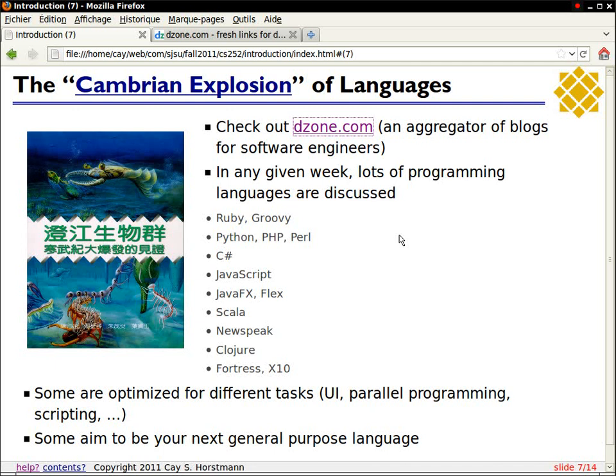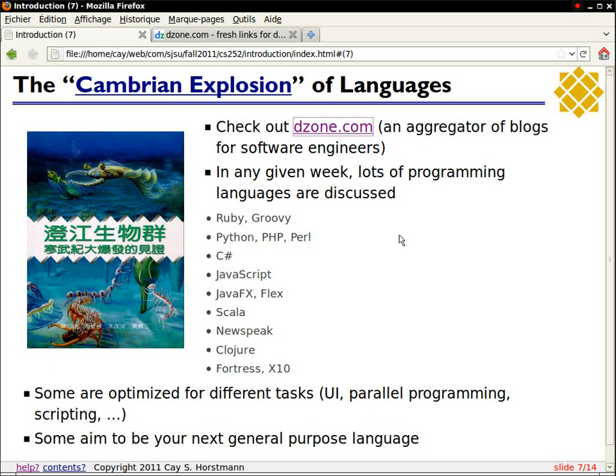And so there are all of these different languages, and some of them are optimized for very fixed tasks. You would learn ActionScript or Flex if you wanted to do that kind of Adobe, what's that thing, Flash program. You would learn PHP.